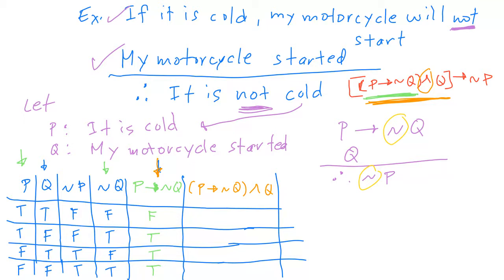So fifth and second, using the AND connective. The outcome would be true only if all inputs are true. That would be the third row, so you will get T here. And the rest would be false.